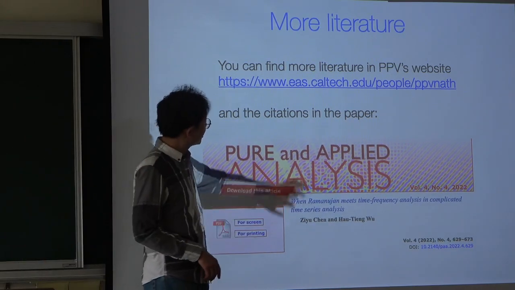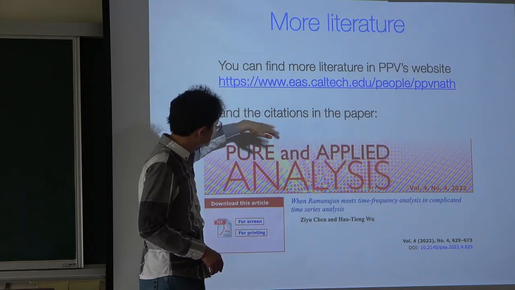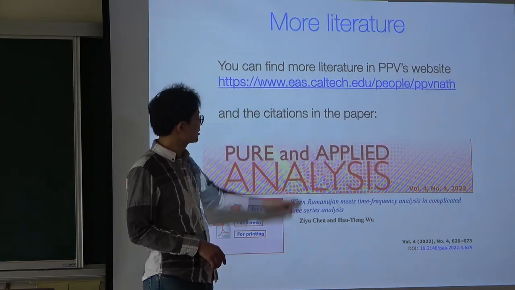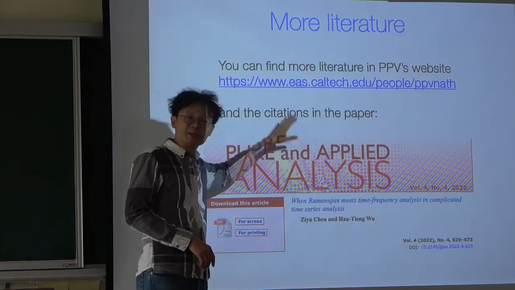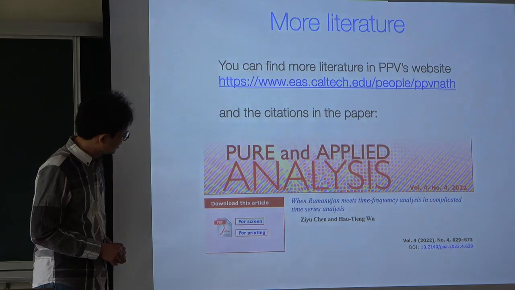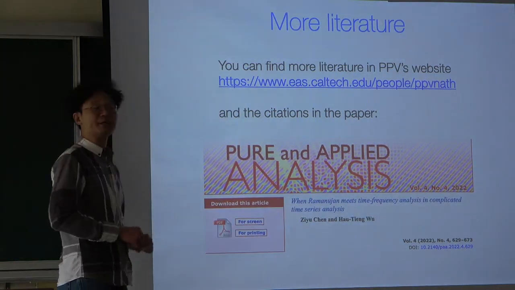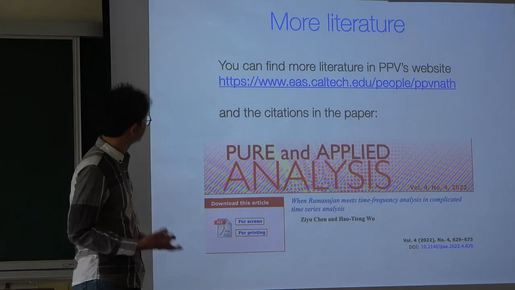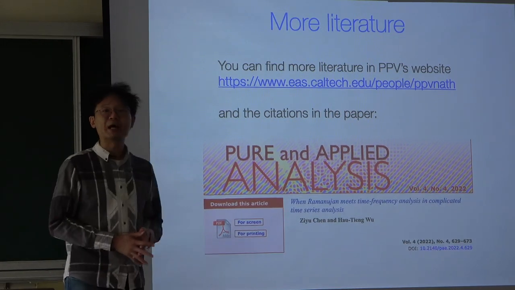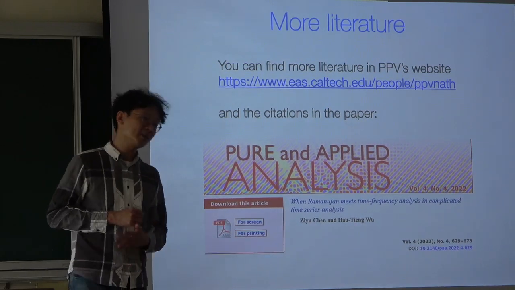We focus on applying the tools he developed and combining them with some harmonic analysis tools to do signal processing, in particular biomedical signal processing. Its applications to real-world data need more time. Okay, so I think that is it for this lecture.